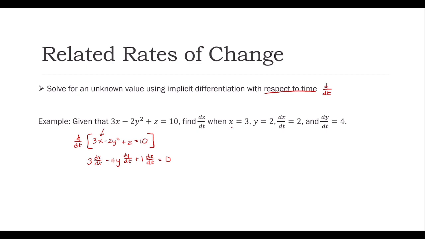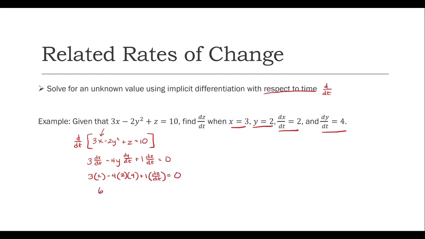So we know x is 3, y is 2, dx dt is 2, and dy dt is 4. So we have 3 times dx dt, which was 2, minus 4 times y, which is 2, times dy dt, which was 4, plus 1 times dz dt, and that's what we're solving for. So that equals 0.